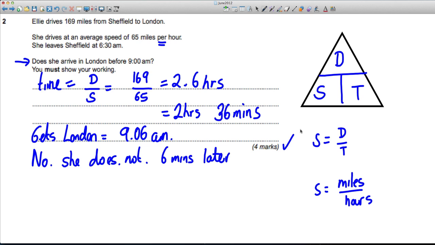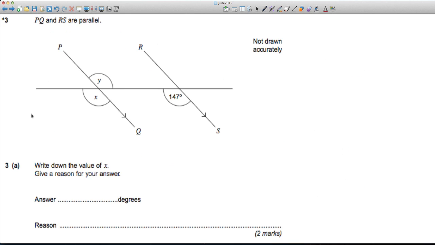Okay, next question here. It is about parallel lines. PQ and RS are parallel. These two are the parallel lines. So any Z, F angles, interior angles happen this way round.